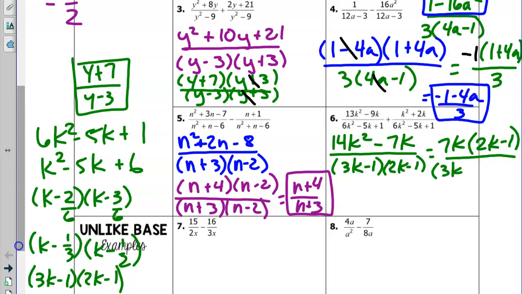So I have the 3k minus 1, 2k minus 1. Cross out. Good. And we are left with 7k over 3k minus 1. Alright, what questions might you have on like denominators before we go on to the unlike bases?